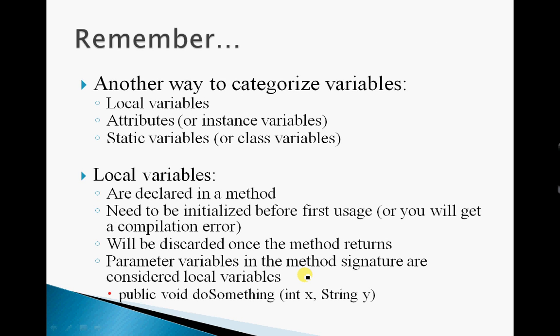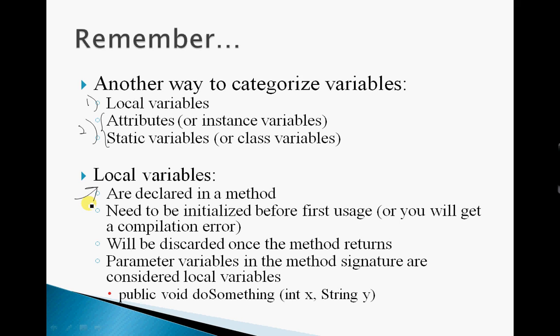There's another way to categorize variables. In Java, a variable can be local or non-local. A local variable is one which is declared in a method. Local variables need to be initialized before you use them, or else you can't even compile the program.